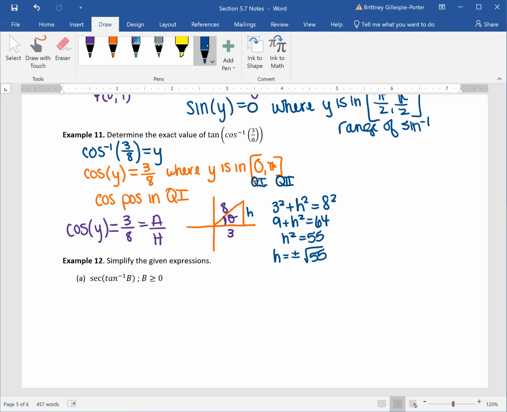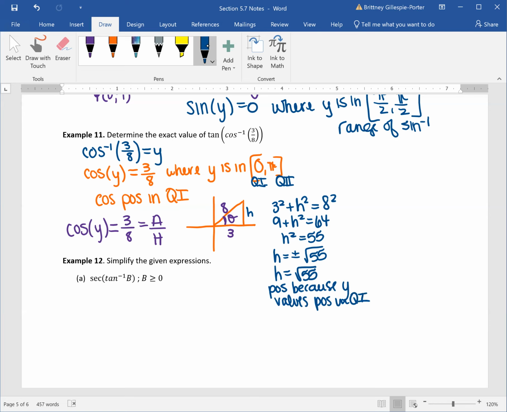We're going to use positive root 55, not the negative root 55, because here we are in quadrant 1, sine is positive. So we need h is equal to square root of 55. If we were in quadrant 3 or quadrant 4, we would have taken the negative root 55. But again, here positive because y value is positive in quadrant 1.